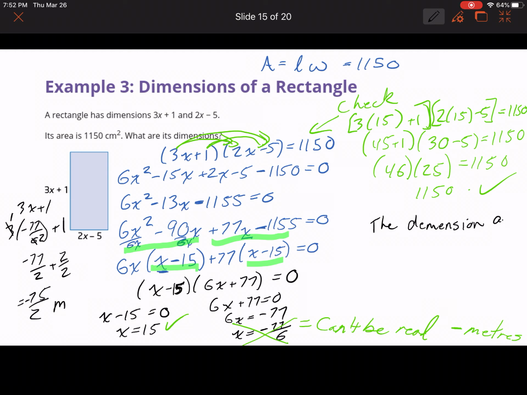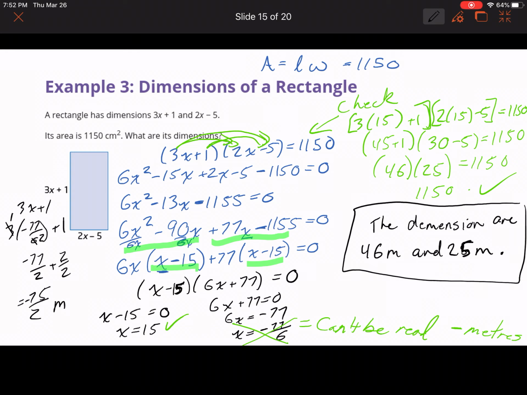The dimensions are 46 meters and 25 meters. So you could also write the length is 46 meters and the width is 25 meters, or the dimensions are 46 meters and 25 meters. That was the answer to the question, so that gets our box around it. That's our answer.